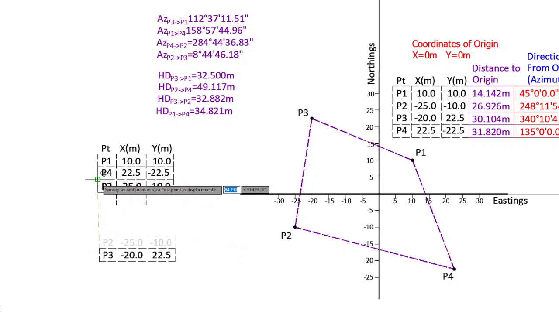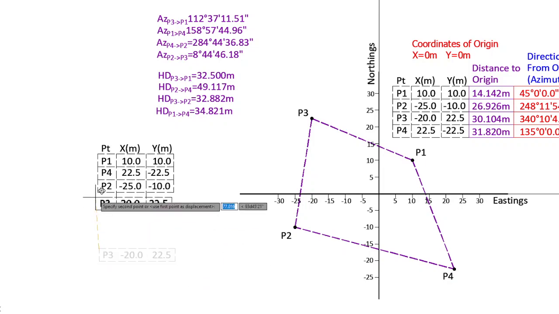So the method that I'll explain works. I need to organize my coordinates, or my table, in a clockwise manner. So first is P1, then P4, then P2, and then P3.